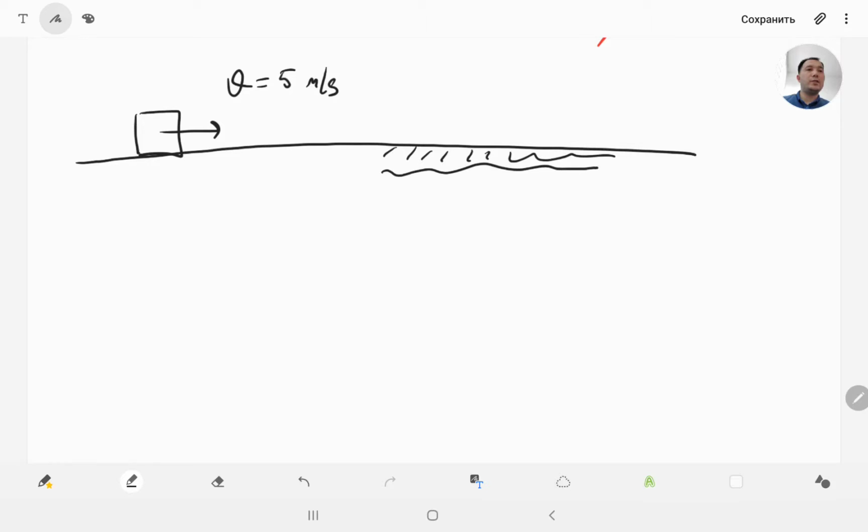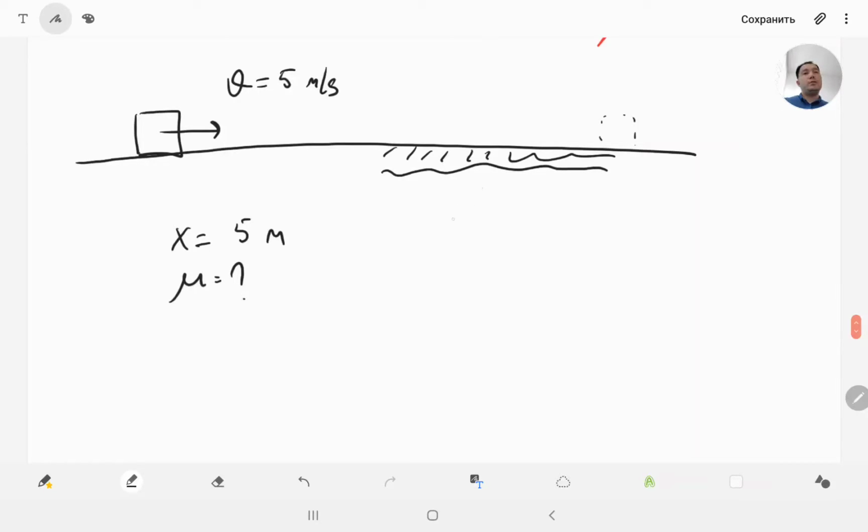There is a friction here, and let's say this object stops here after moving 5 meters. Initial velocity 5 meters per second, and this object stops due to the friction force, of course, when it covers 5 meters. Now question, find the coefficient of friction.